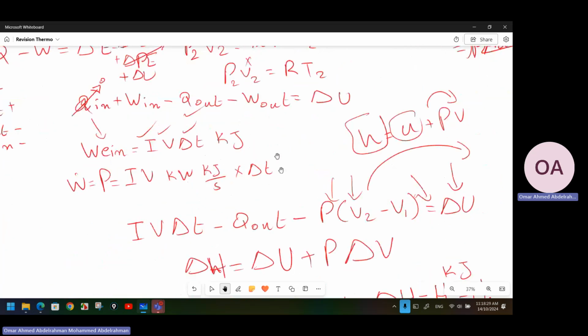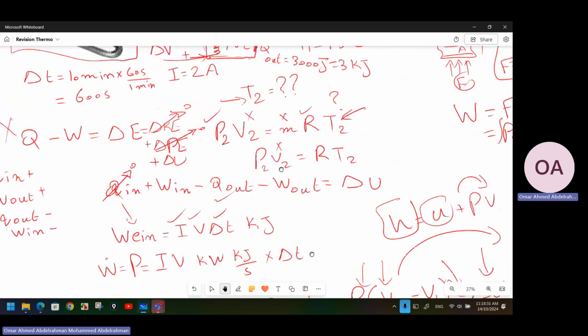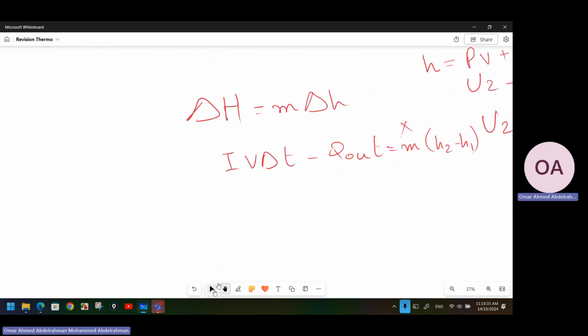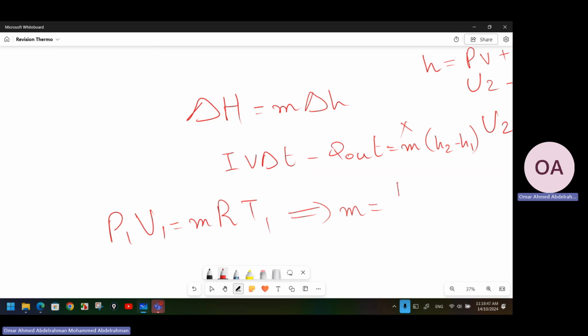I have the volume, I have the pressure, I have the temperature. So I will not face the same problems that I faced when I used the ideal gas law for the second state. So I can use the ideal gas law for the first state: P1V1 equal to mRT1. Then I can use this equation to calculate m. It will be P1V1 over RT1. I have the pressure, it is 300 kilopascal.